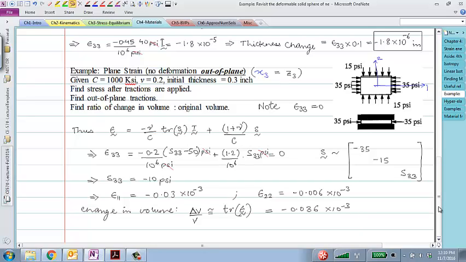Any particular questions on this? Go ahead, Kevin. The change of a certain plane, can I calculate it just like the change of volume, like for a plane in XY, its change is equal to epsilon 11 plus epsilon 22? I'm not sure, are you talking about the change in area of the face?